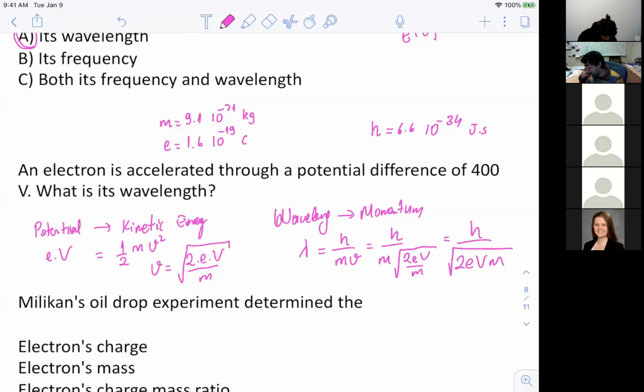So it looks like lambda is 6.1 times 10 to the minus 11 meters.